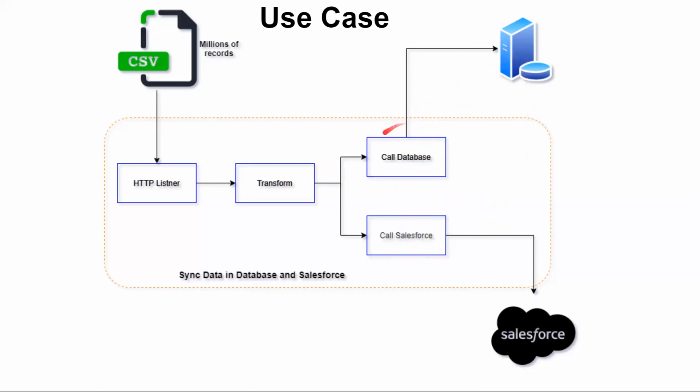Then comes the transaction concept. If there are multiple resources involved in a transaction, we can go with the XA transaction. Or if your transactions are part of multiple API calls, we can use the Saga pattern. So as a MuleSoft architect, you need to think about the security, think about the data integrity, and the transaction support in the MuleSoft stack.